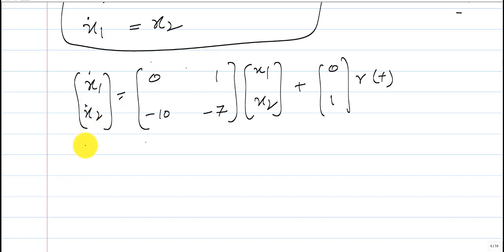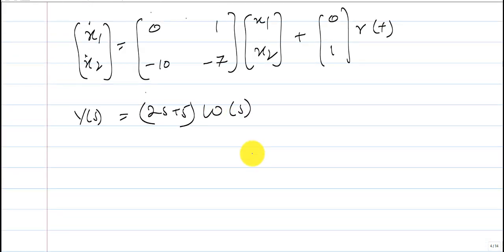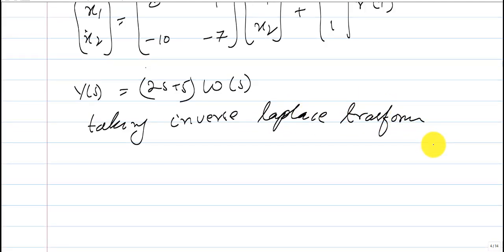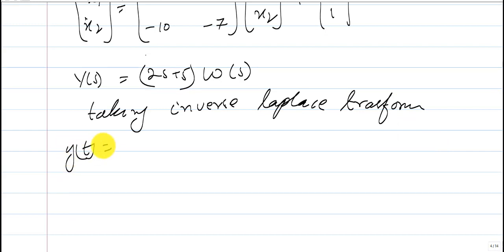Now for the output equation, we have Y(s) equal to (2s plus 5) times W(s). Taking the inverse Laplace transform, y(t) will be equal to 2 w dot plus 5 w.